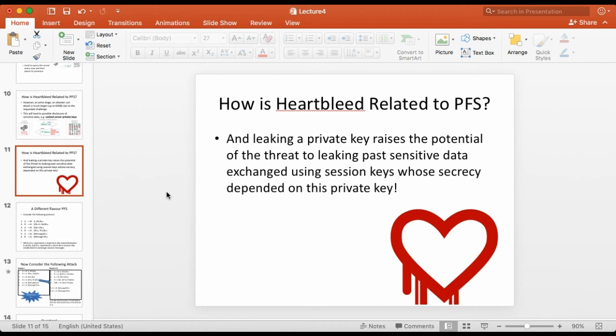So as I said, if your server did hold any long-term keys, then those keys or passwords were leaked to the public domain.